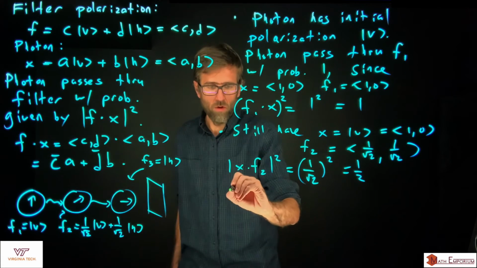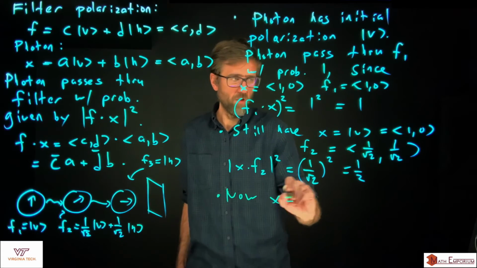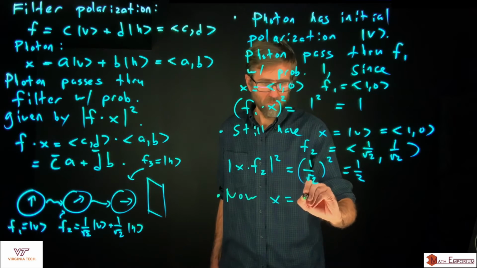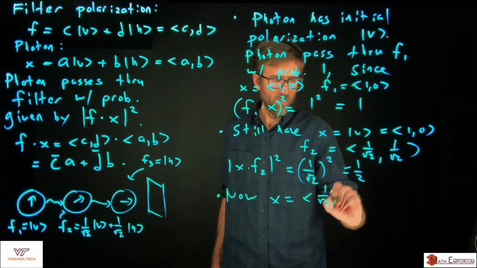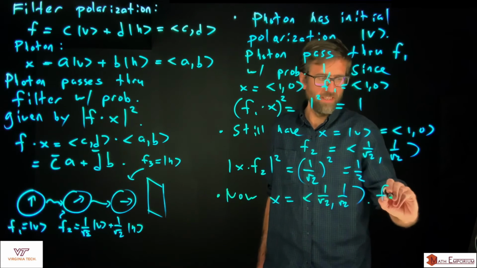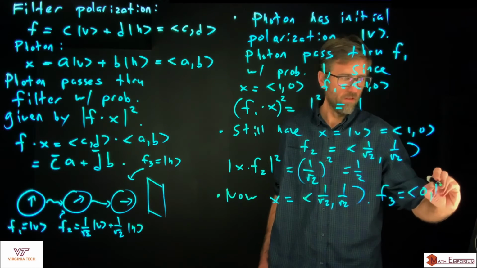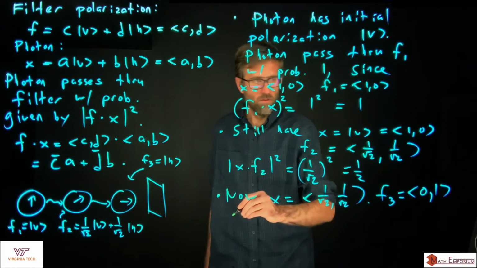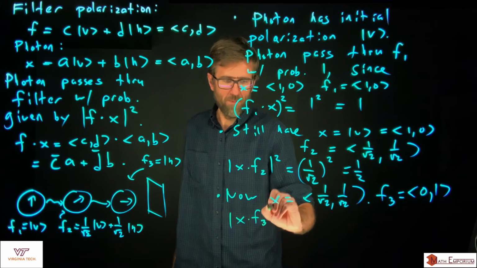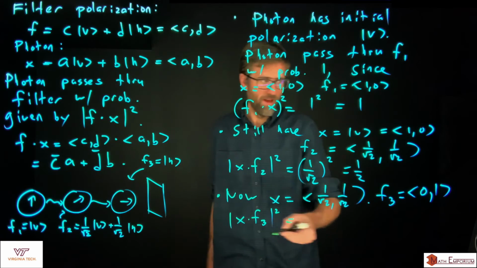So now in our third step, assuming it makes it through, x is 1 over root 2, 1 over root 2, and F3 is purely horizontal, so that's going to be 0, 1. And so the probability it passes through the third filter is going to be the magnitude of that dot product squared.